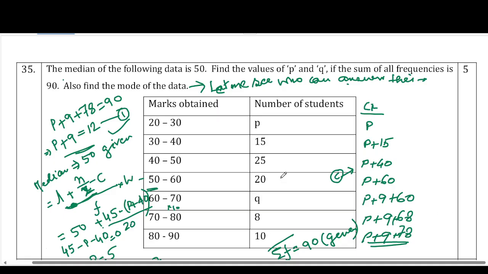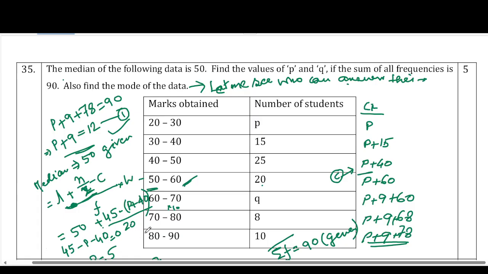Now the median they have given is 50. For the median class interval, the formula is lower limit plus n by 2 minus C, where C is the cumulative frequency of the previous class, divided by the frequency of the class. Taking from the table, that is 50, n by 2 is 90 by 2, C is P plus 40, divided by frequency 20.